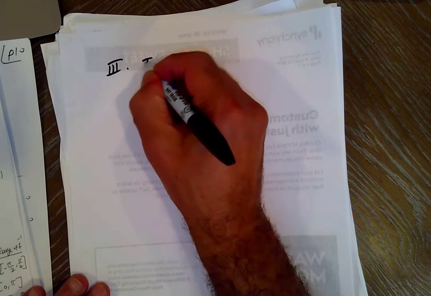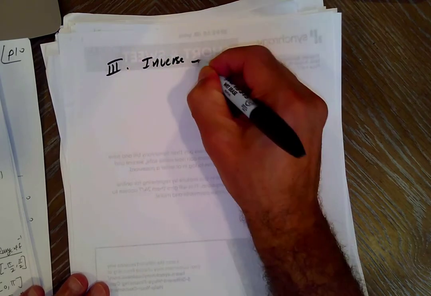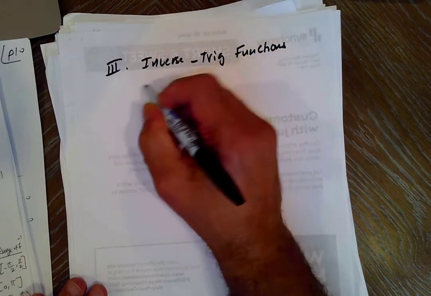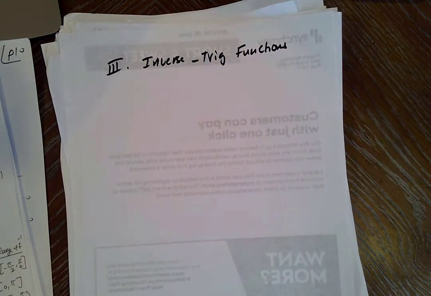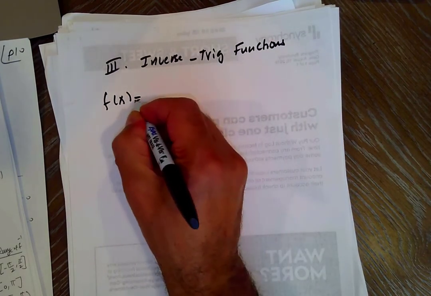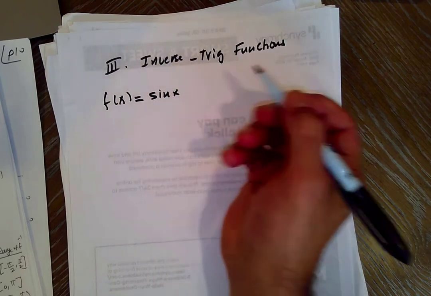All right, then inverse trig functions. Again, this is a review, and I have a nice handout on D2L to review inverse trig functions. So let's review now the sine inverse. So f of x equals sine x.